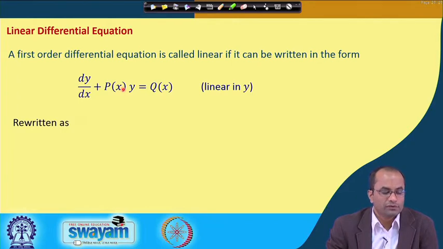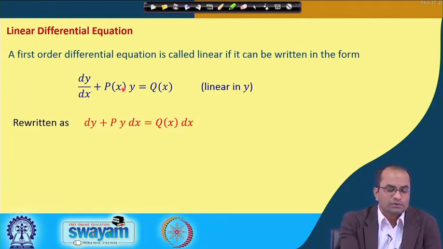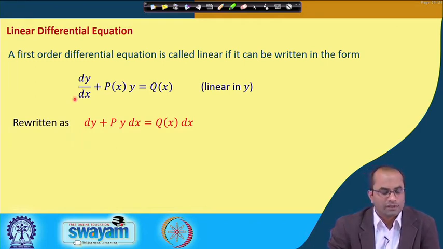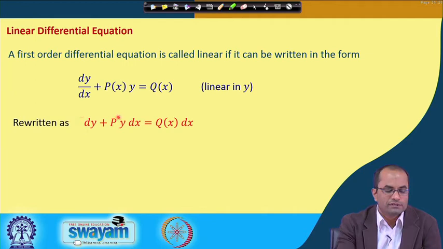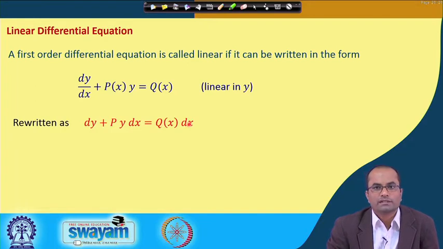And this we can also rewrite as follows. The differential term dx, we can multiply the whole equation by this differential term. So, we will get dy plus p times y dx, and the right hand side also we will have q(x) dx.